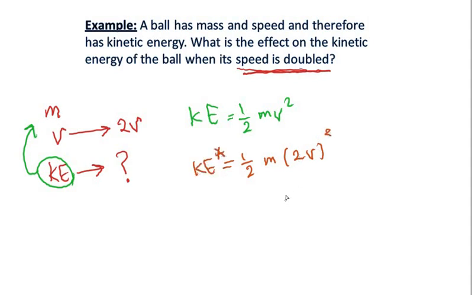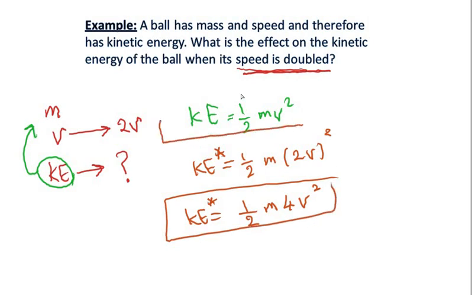Now 2 squared is 4, so this is going to be 4 v squared times m times half, and this is Ke star, the new kinetic energy. We need to compare this formula and the previous one. The difference is that this formula is multiplied by 4. So Ke new is equal to 4 times Ke, the original one.